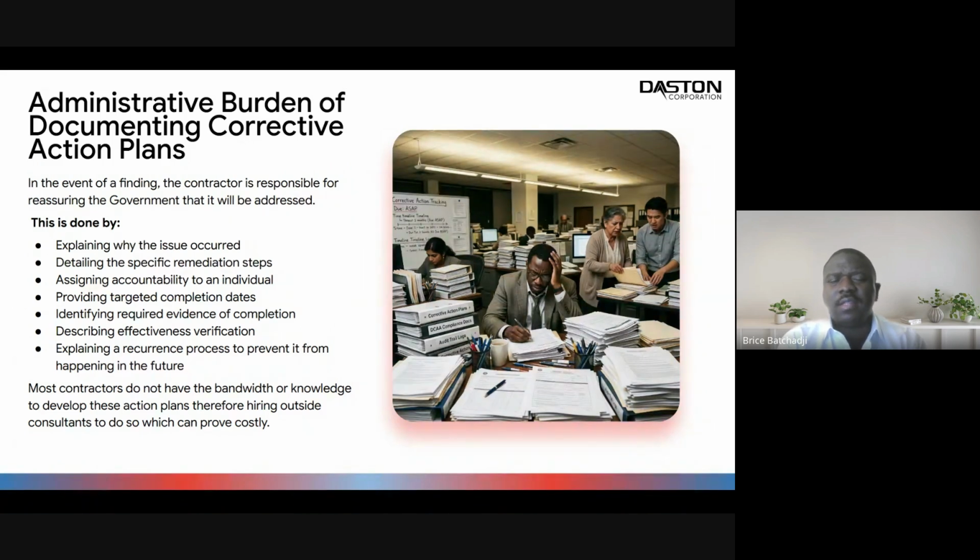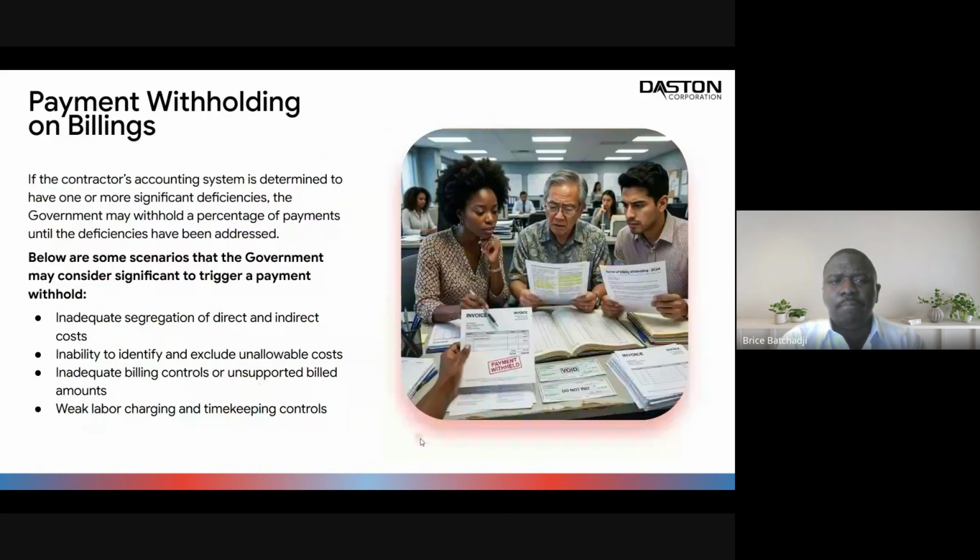The second item, as we discuss here on the next slide, is really just the payment withholds. Generally, there are a couple of scenarios that can trigger these payment withholds. And again, once there starts being a repeated pattern of findings, then at some point the government can get to the point of saying, okay, we're just going to withhold some of your payments on your invoices.